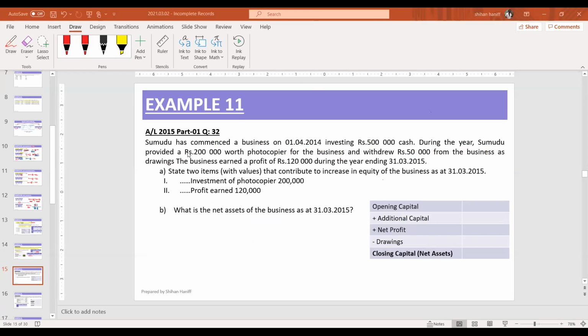During the year, Sumudhu provided a 200,000 worth photocopier for the business, and withdrew 50,000 from the business as drawings. The business earned a profit of 120,000 during the year ended 31st March. State two items that contribute to increase the equity of the business. So here there are two items which increase the equity. One is the investment.